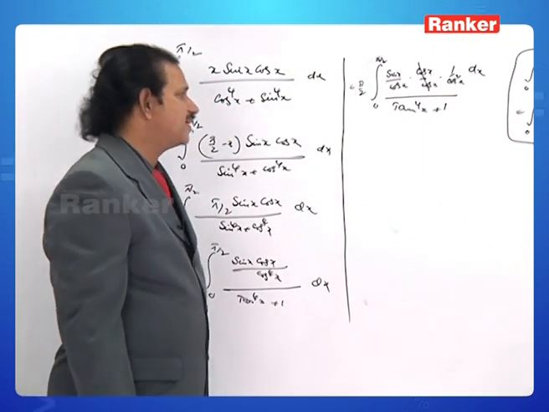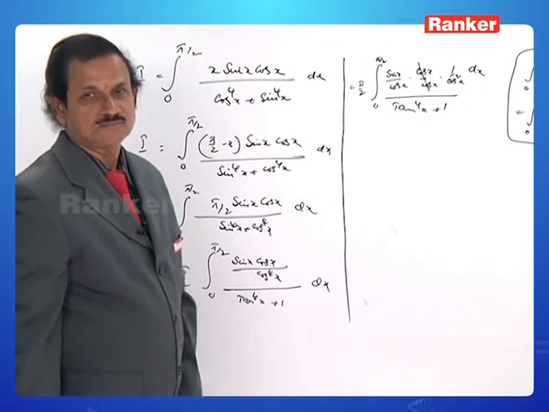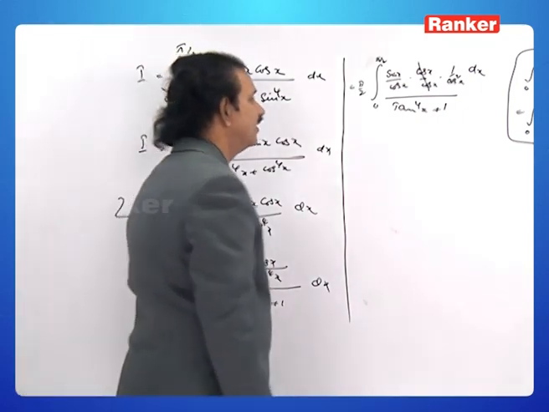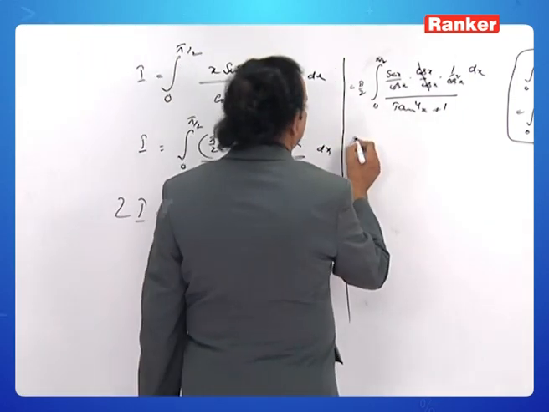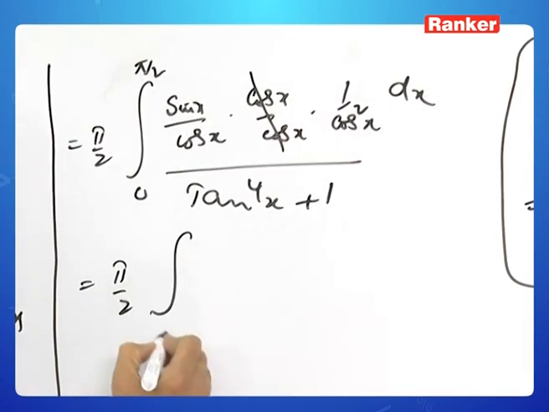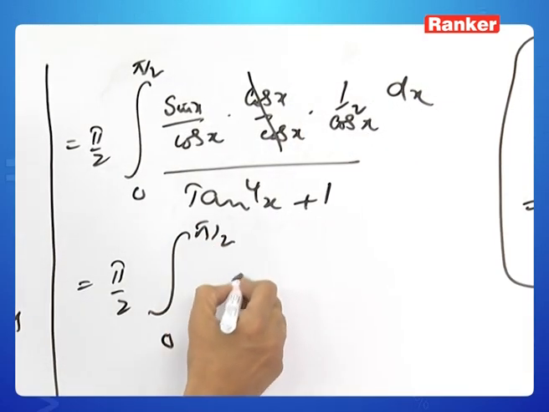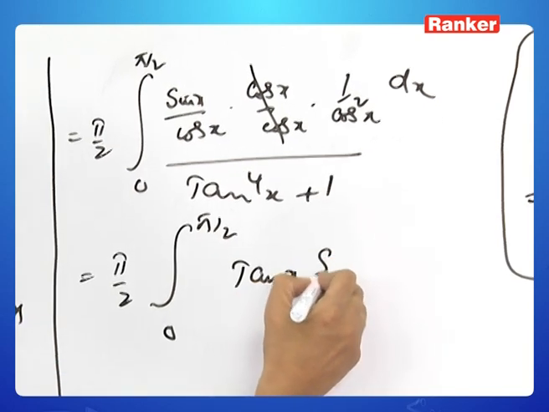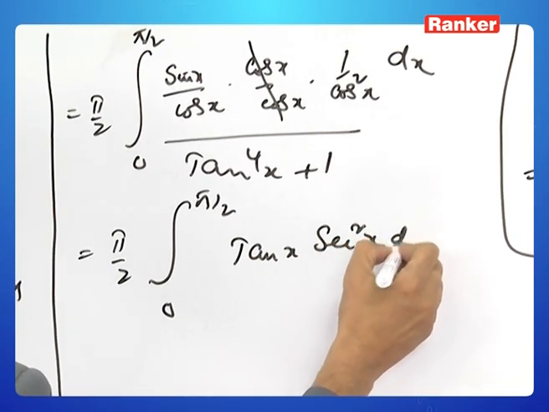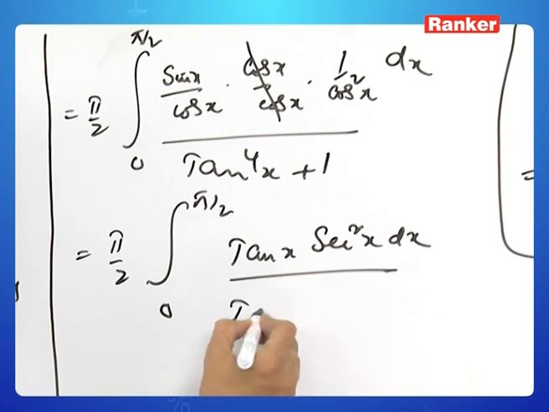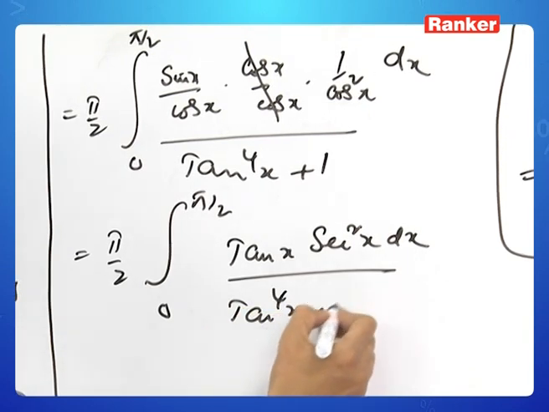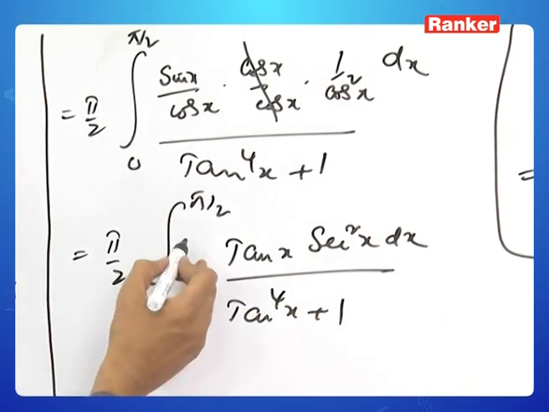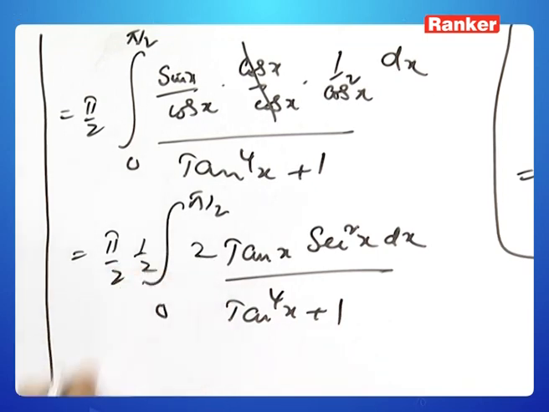Now I like to take tan square x as t. Pi by 2 into integral 0 to pi by 2 tan x into secant square x dx by tan power 4x plus 1. I am putting 1 2 here, taking 1 by 2 back.